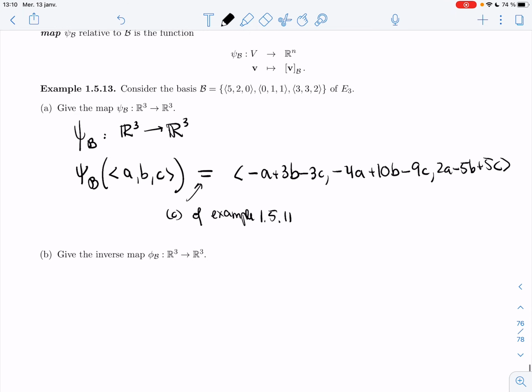And really, you could think of it as Q inverse times (a, b, c).